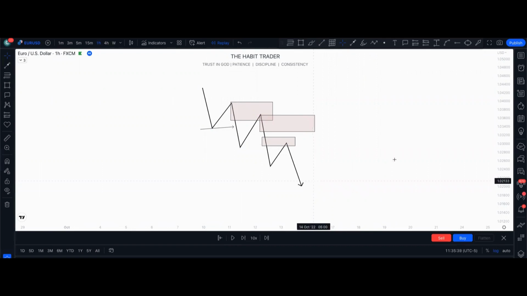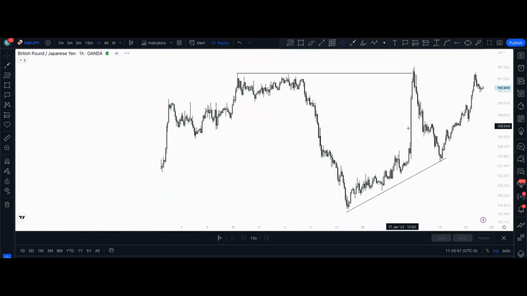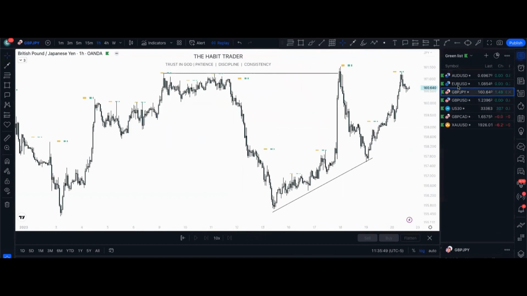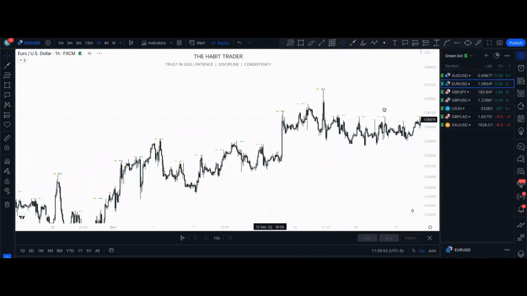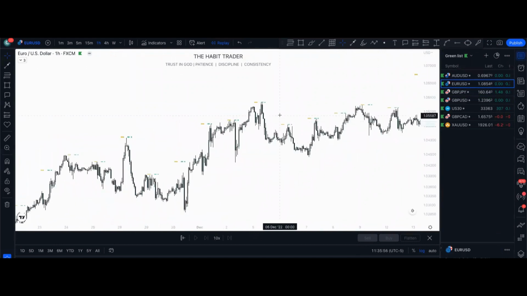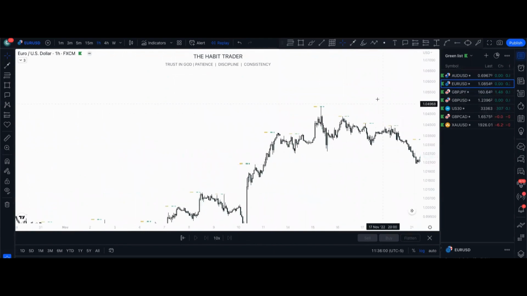Or sometimes there's a lot of supply zones that we could take, but we want to try to set an example here. Let me see if I could find some best examples for supply zone.